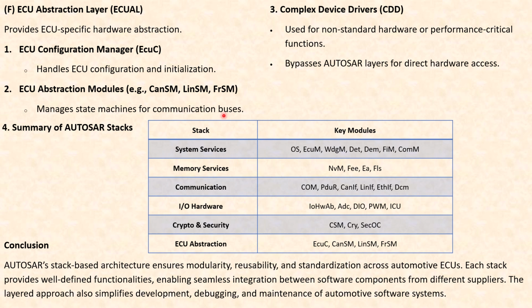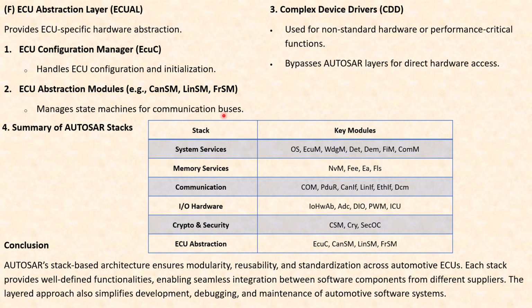Now, just to summarize the various Autosar stacks, the system service is there, memory service is there, communication services, IO hardware, crypto security, and ECU abstractions. And in the table you can clearly see what are the key modules of these various stacks.